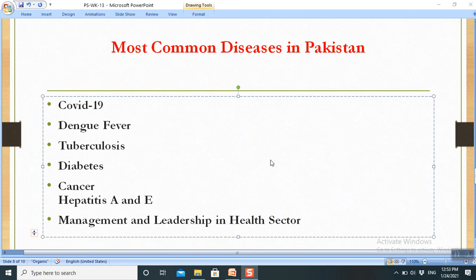It is a really common disease in Pakistan. Pakistan is ranked 8th out of the 22 countries in the world where tuberculosis is prevailing.